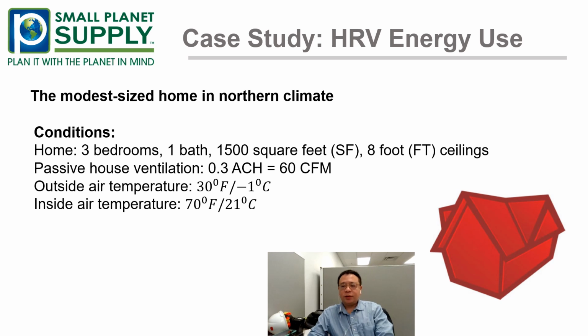Now we have a condition: a single family home with 3 bedrooms, 1 bath, 1,500 square feet of area, and 8 feet height. By calculation according to the required airflow rate, 60 CFM, and the outside temperature is about -1 degrees Celsius, and the inside air temperature will be 21 degrees Celsius, equivalent to 70 degrees Fahrenheit.